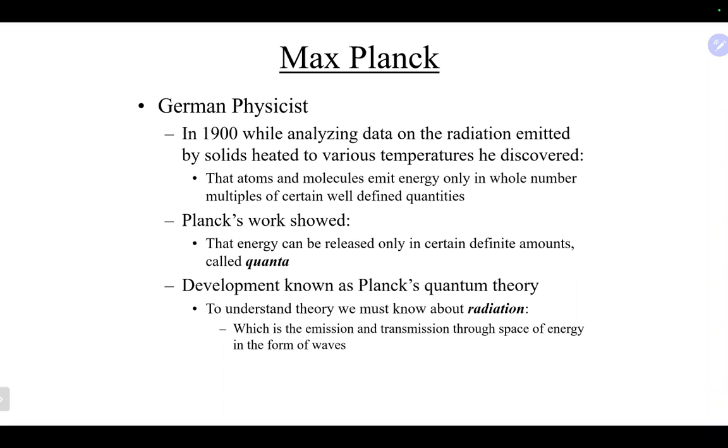Basically, Planck's work showed that energy can be released in only certain definite amounts, which he referred to as quanta of energy. The idea about radiation is that we get the emission and transmission of energy as it moves through space, in the form of waves.